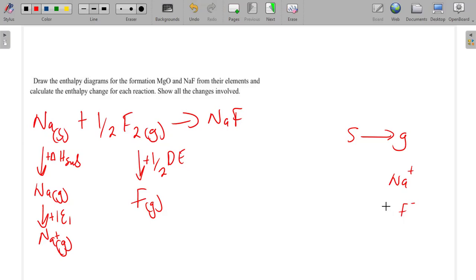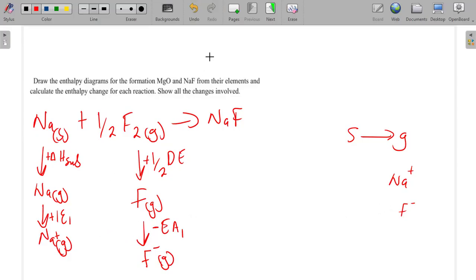The amount of energy involved in adding an electron is what we call electron affinity, and the first electron affinity is negative. Then we form our fluorine ion, still in gas state. So that's what we have.